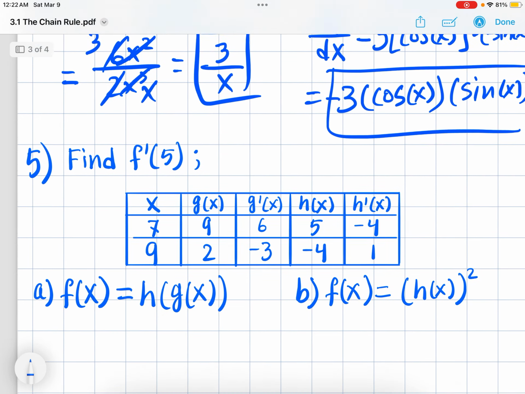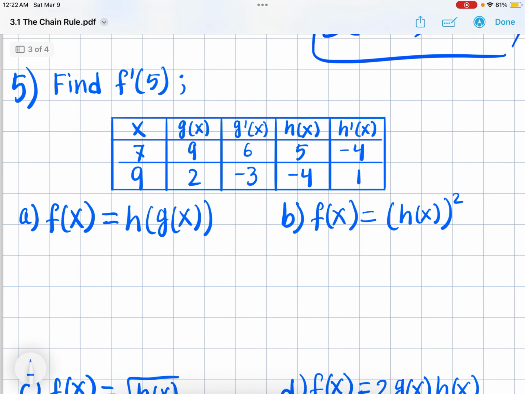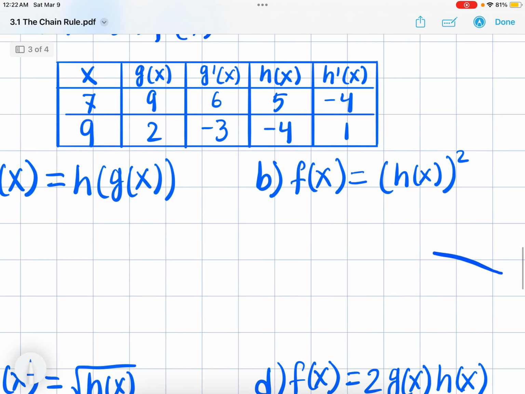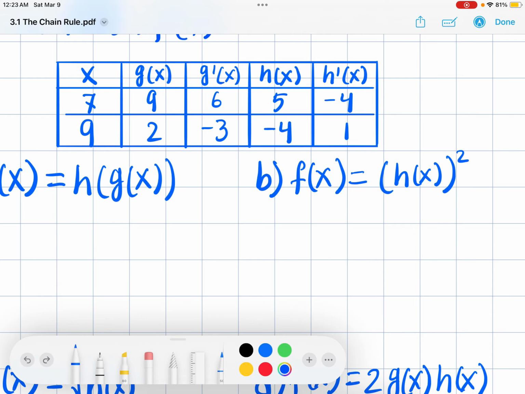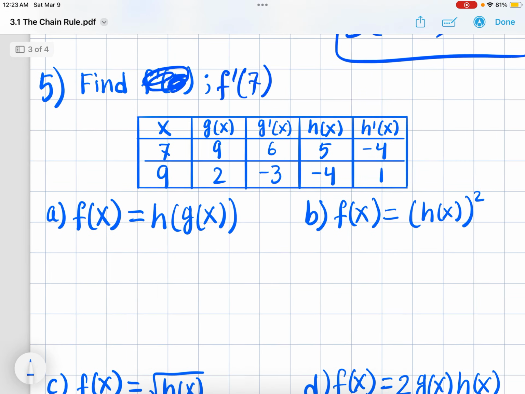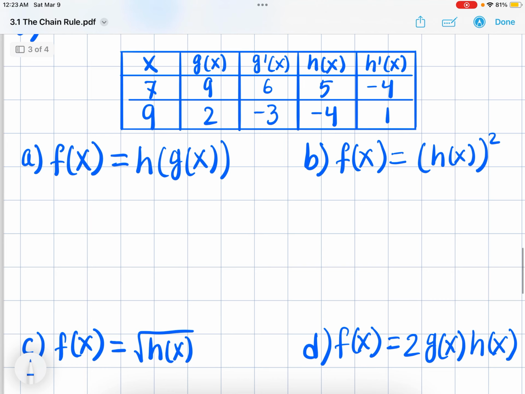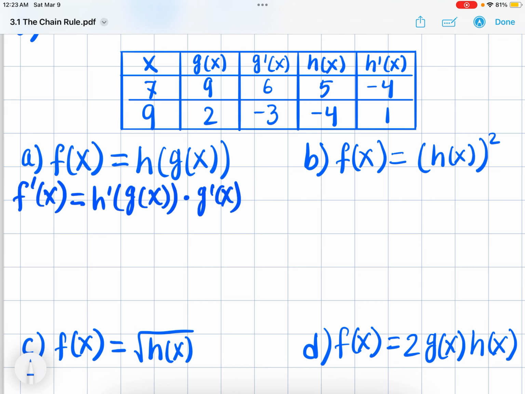Let's see this problem. This one should be f prime 7. Okay, let's see. So we're looking for f prime of x, which is equal to, just apply the chain rule, h prime, keep the inside, multiply by the derivative of outside.